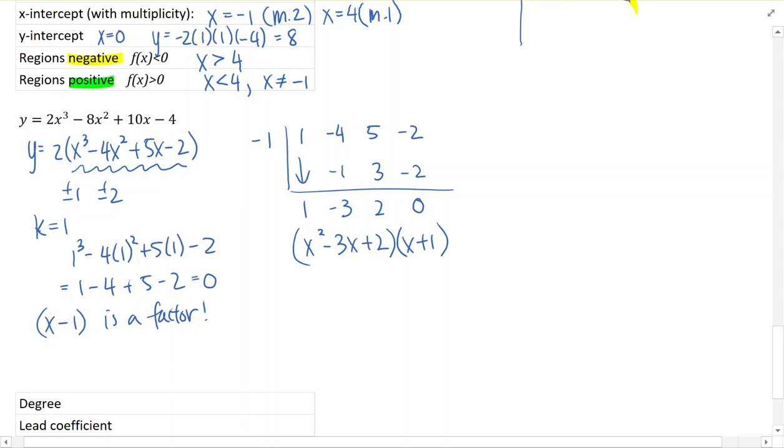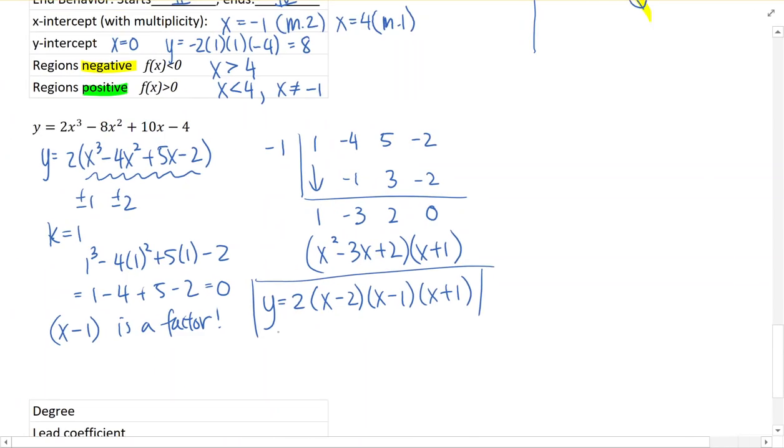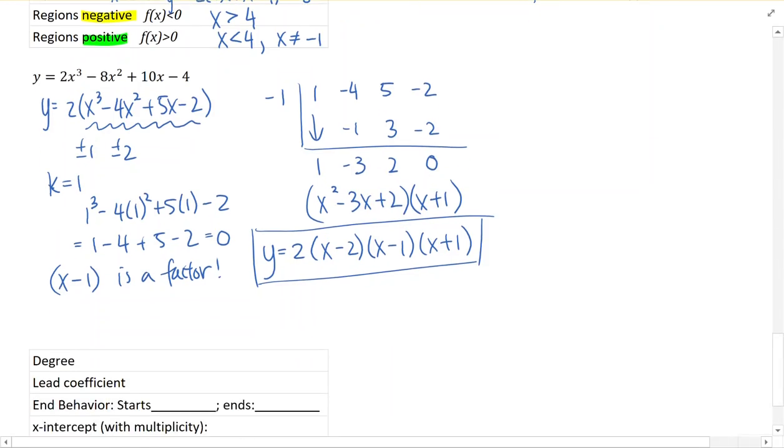Now, can we factor this more? I think we can. So it'll be x minus 2, x minus 1, times x plus 1. And we have our 2 out front. This is equal to our y. Yay! So with this, let's figure out some information below.